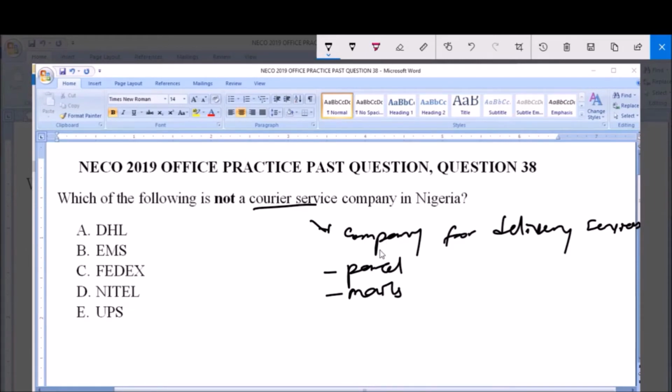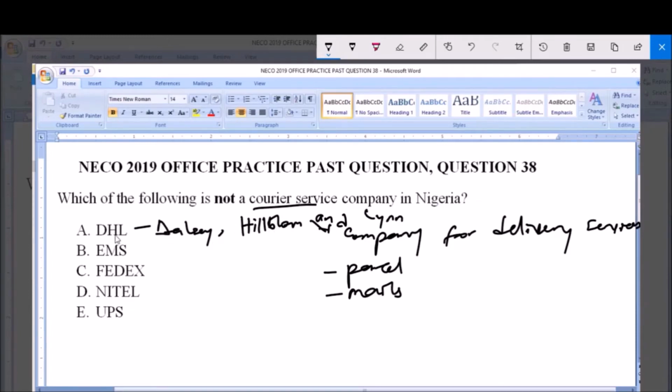Now, the question says you should pick an option which is not a courier service company in Nigeria. Now, A says DHL. DHL simply means Dalsey, Hillblom and Lynn courier service company, concerned with the delivery of parcels and mail.